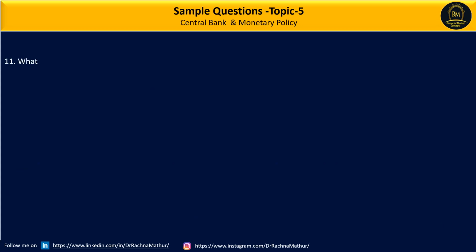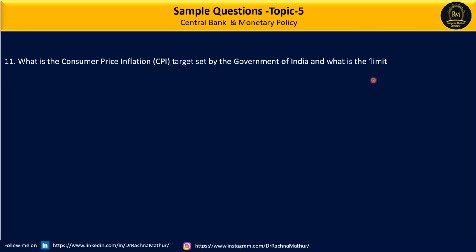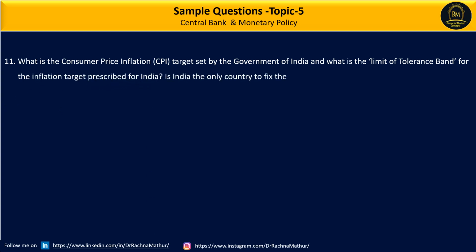So another important question is: what is the consumer price inflation target set by the Government of India and what is the limit of tolerance band for inflation target prescribed for India? So we all know that the inflation target for India is 4% with plus 2 and minus 2, the upper and the lower band.